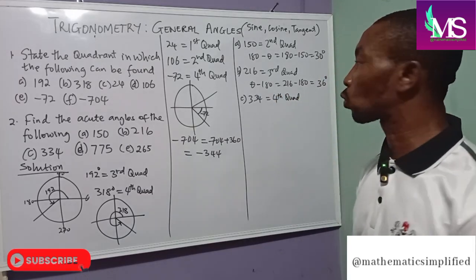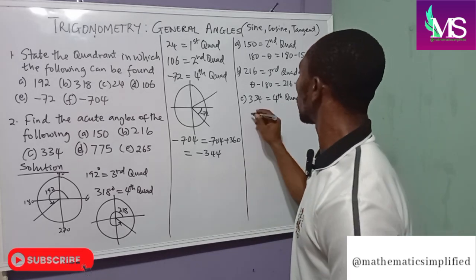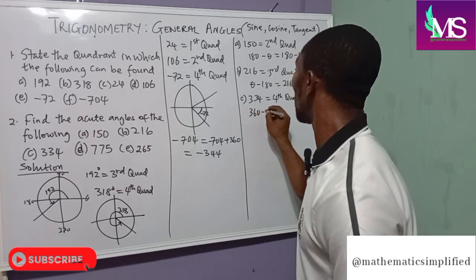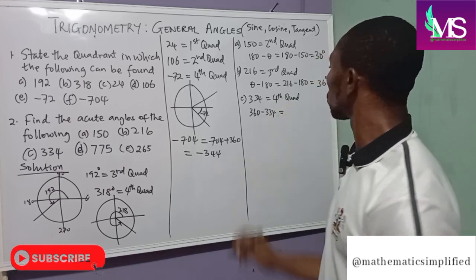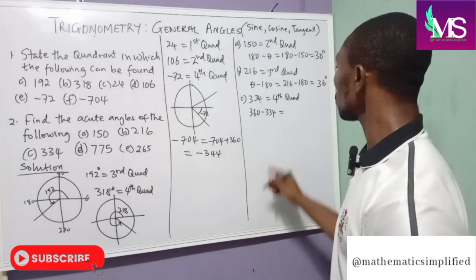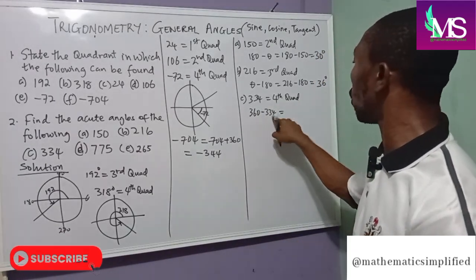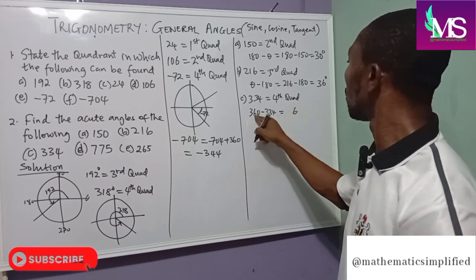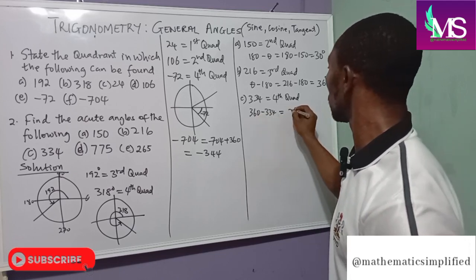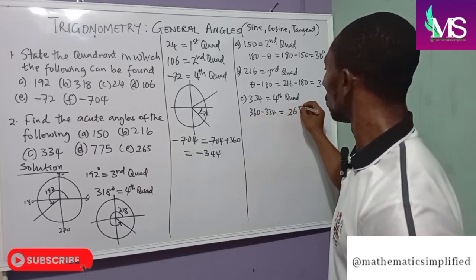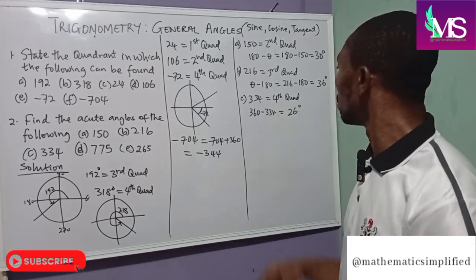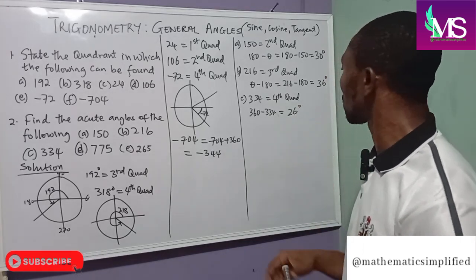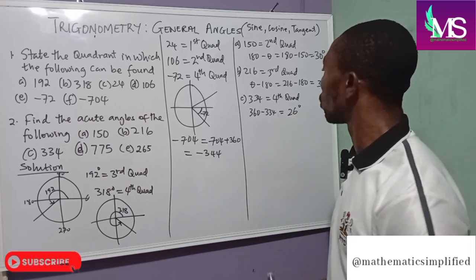Since it's in the fourth quadrant, our acute angle there will become 360 minus 334 degrees, which is going to give us 26 degrees as our acute angle.